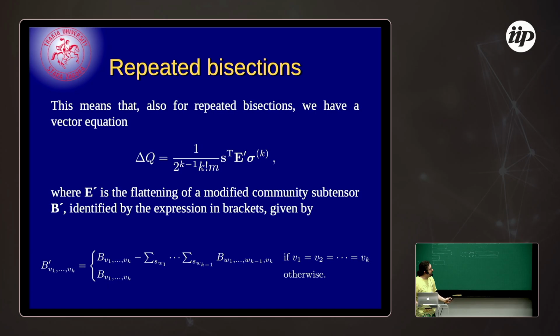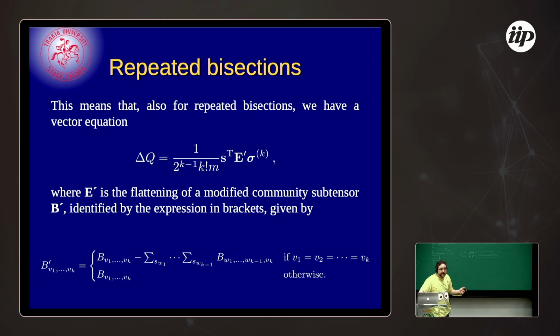Just the difference is that the matrix in the middle is no longer the flattening that we had before, but it is the flattening of a modified community subtensor.